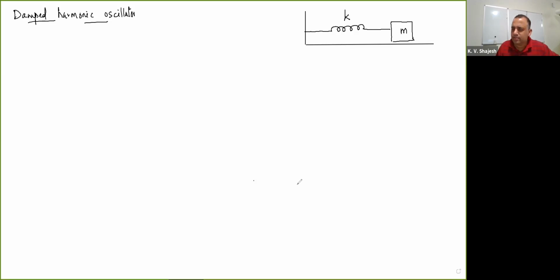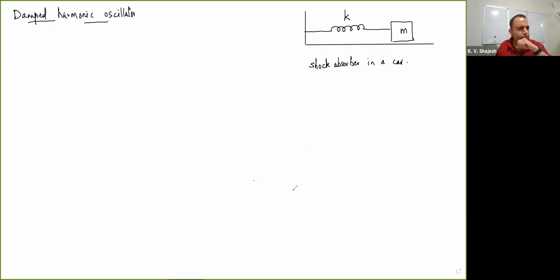What are the scenarios where we talk about this? The best example is a shock absorber in a car, right? So this is a model for a shock absorber inside a car.